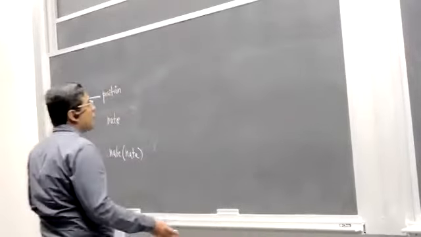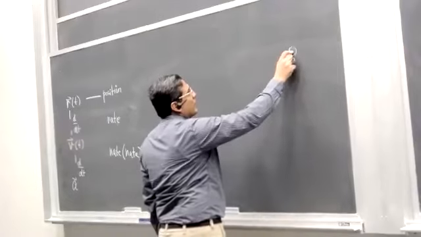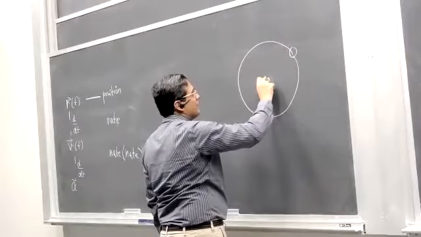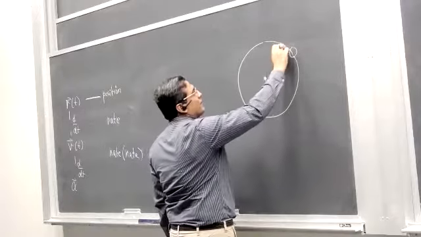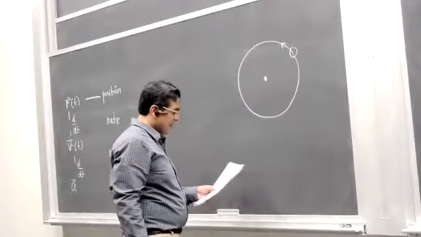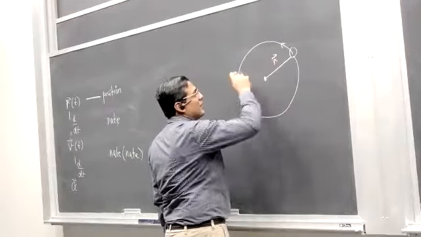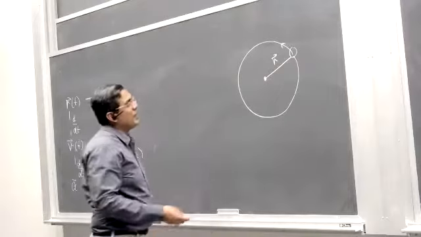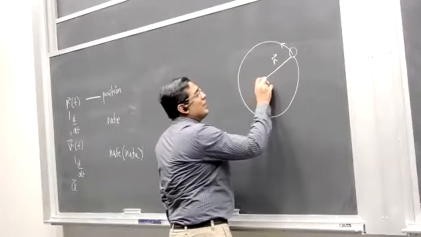So let's consider a point particle moving in a circle. That's an example of rotational motion. It's going around a fixed point. Although you could still represent its position with the R vector, and work out everything, it's much more convenient if we choose the angle.